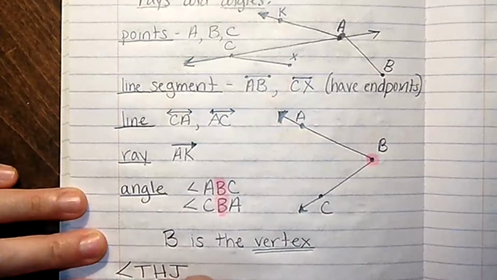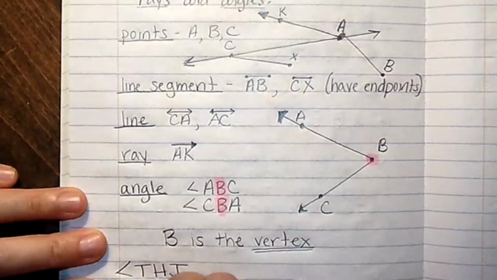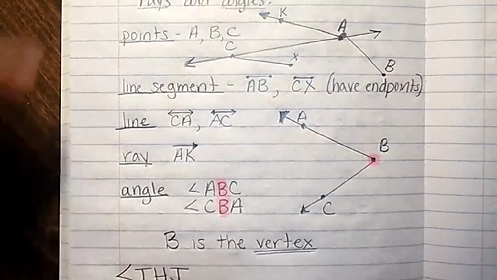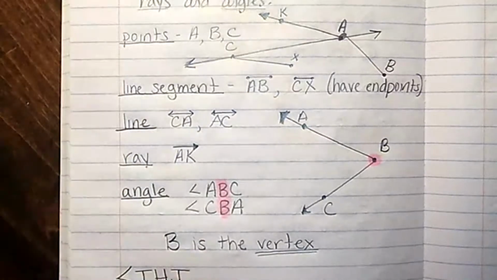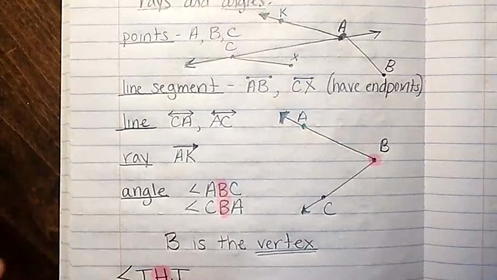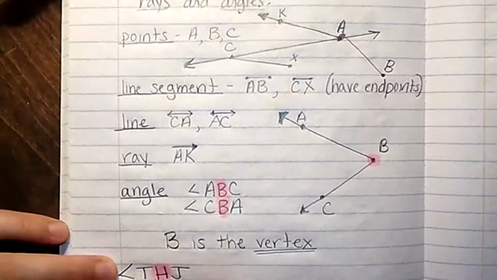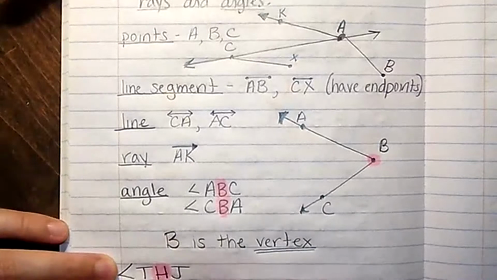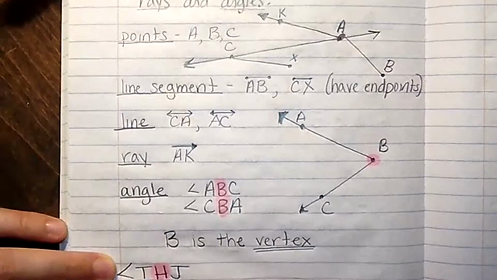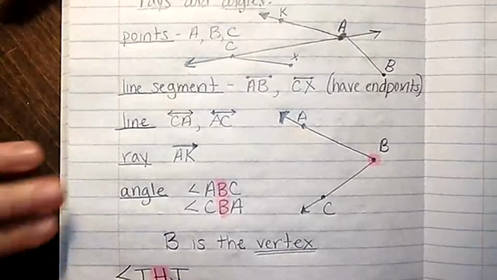I could call the angle JHT, because either way I looked at it, do you see how the H is always in the middle? That H in this example is the vertex. It's the one point that both of the rays come out of.